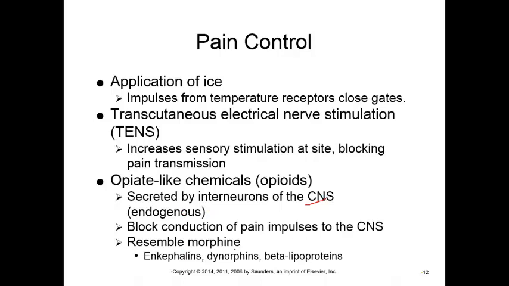Most of them resemble morphine, which are artificial, synthesized drugs that we put in, and they will block some of the pain. And they're encephalins, dynorphins, and beta-lipoproteins. They all can be used to block pain naturally.